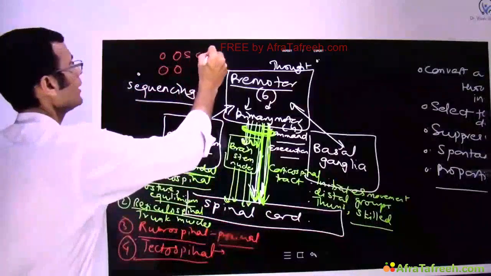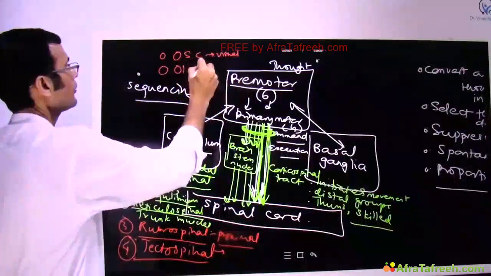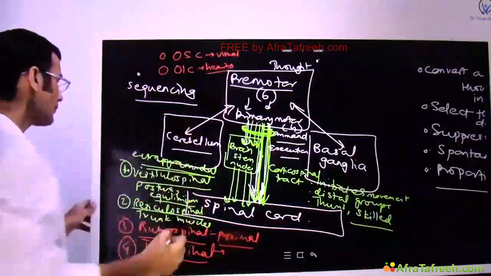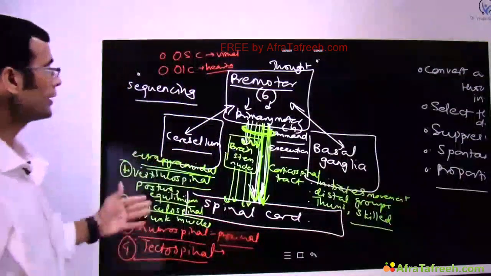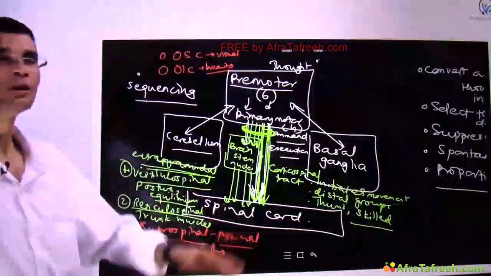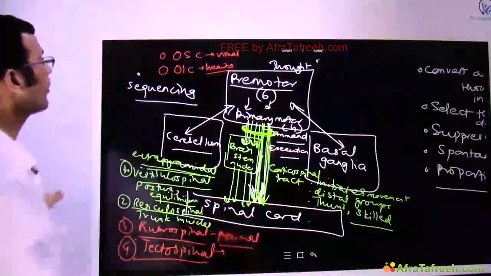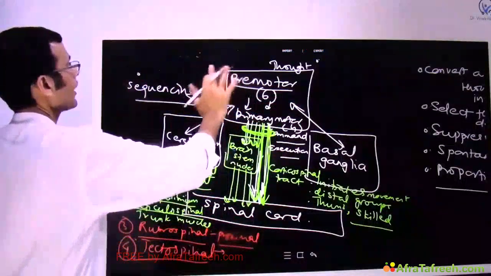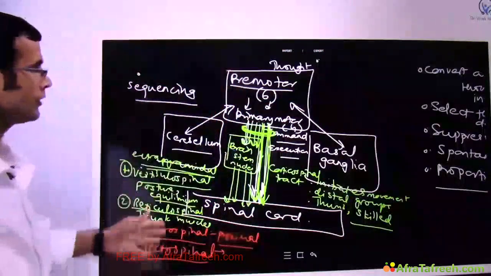Superior colliculi are connected to the visual pathway. Inferior colliculi are a part of the hearing pathway. So when you say tectospinal tract, it controls what? It controls movements in response to visual and auditory inputs. Movements in response to visual and auditory inputs are controlled by the tectospinal tract. So these are the four extrapyramidal tracts.